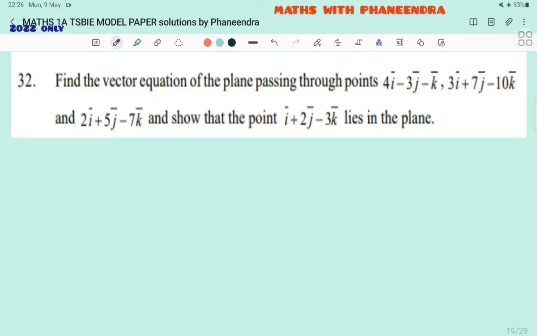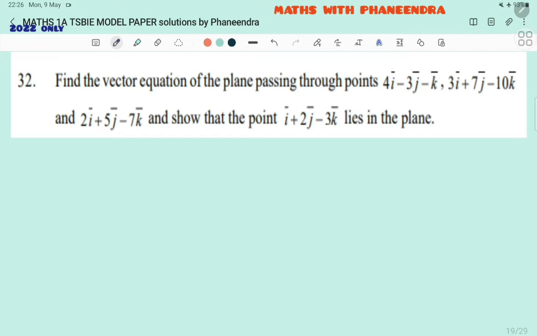The next question: find the vector equation of the plane passing through the points 4i minus 3j minus k, 3i plus 7j minus 10k and 2i plus 5j minus 7k, and show that the point i plus 2j minus 3k lies on the plane.